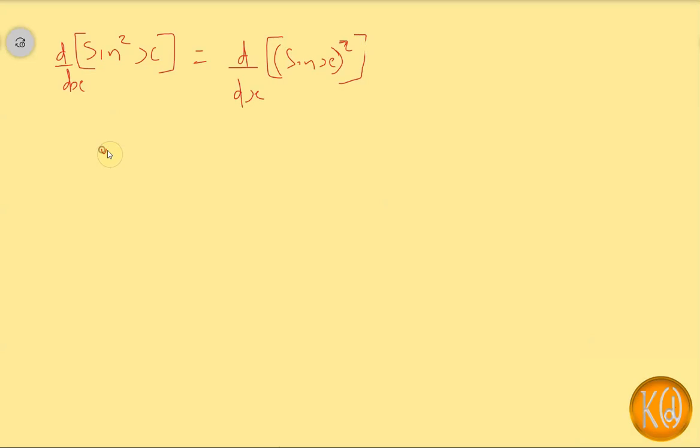Remember, it says that if you have y equal to f of u, where u is a function in x.